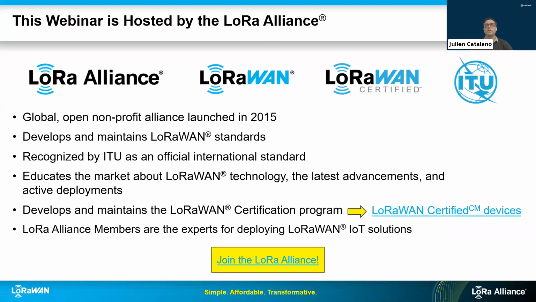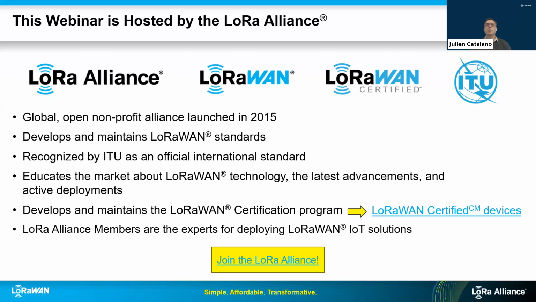Okay, so as you know, this is the LoRa Alliance webinar. Welcome everyone. We try to do several a year, so I hope you enjoy that. We are a global and non-profit alliance. We were launched more than 10 years ago in 2015 by a bunch of members, including my employer, Curlink.